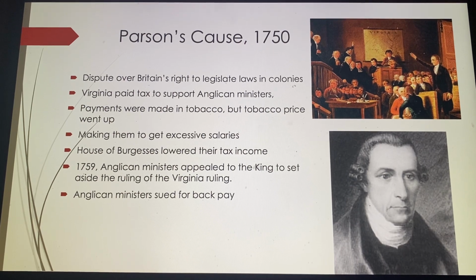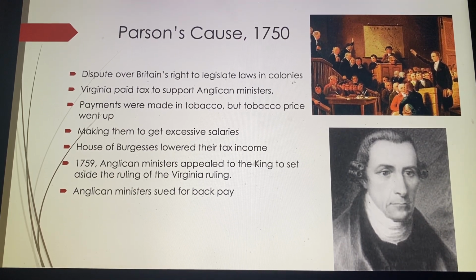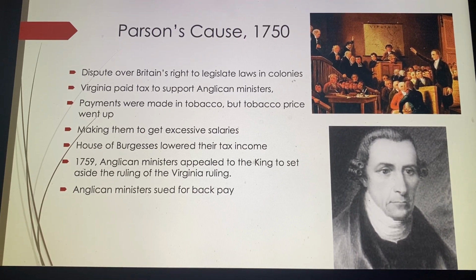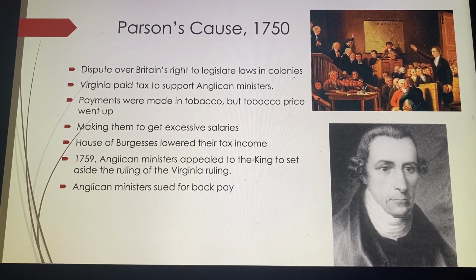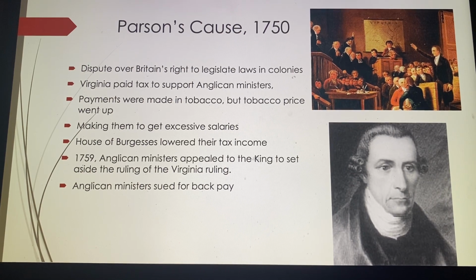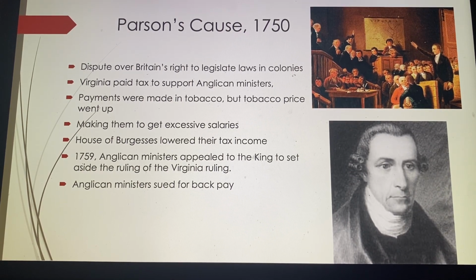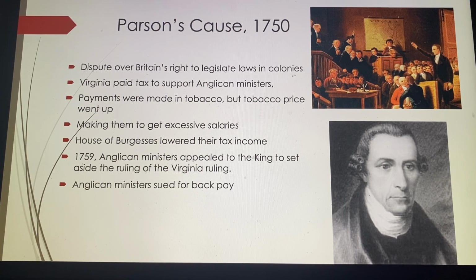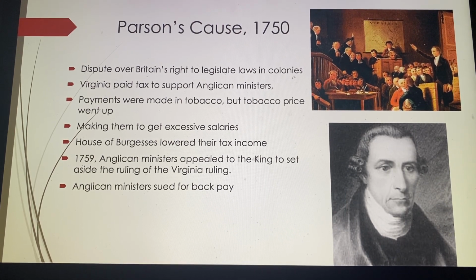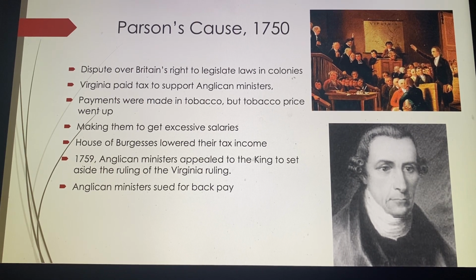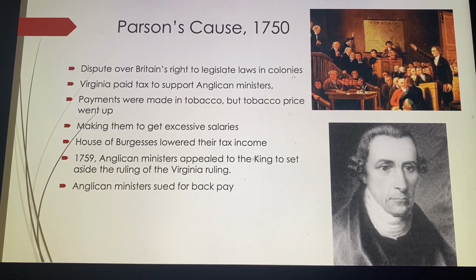So in 1759, the Anglican or English ministers appealed to the king to set aside the ruling of Virginia and say, we should be able to be paid whatever we want from the Americans. We are Anglican ministers. So the Anglican ministers sued for back pay, said the Americans need to pay us more money since they lowered the price, since the tobacco price went up, we should be paid a lot more.